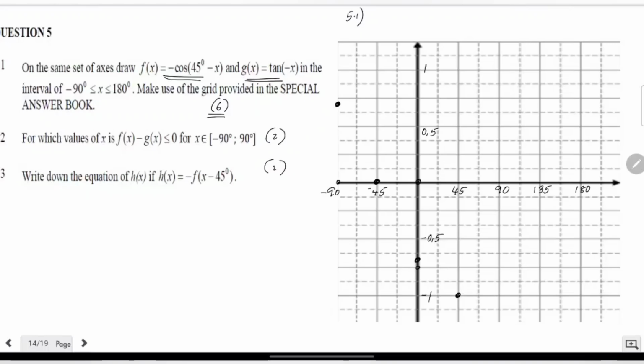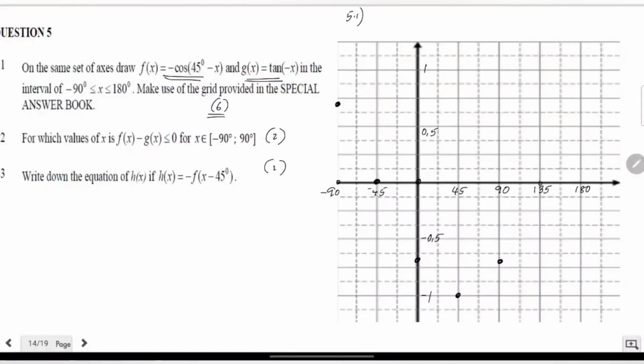Clear? Now we can see the values are repeating. Next one, when it is 90, it will give you minus 0.707. It will be here. So let me plot it here. Then if it is 135, which is going to be 0.